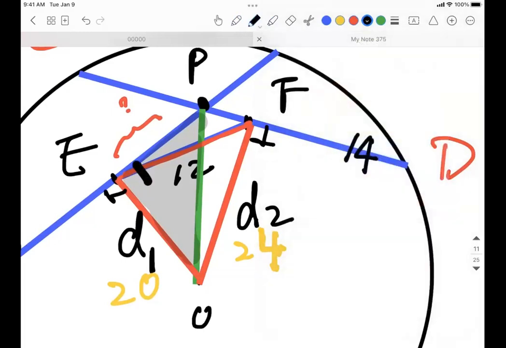Look at this. This is 90 degrees. This is 90 degrees. If you know this, is there anything special for these 4 points? There are two 90 degrees, right? And if that's the case, is there anything special for this POF?